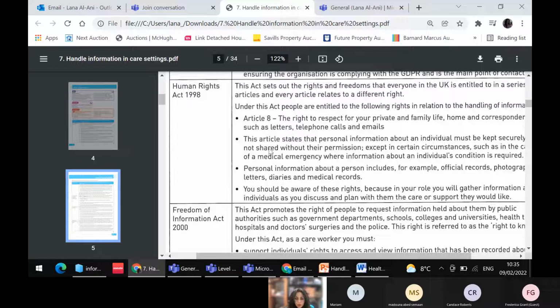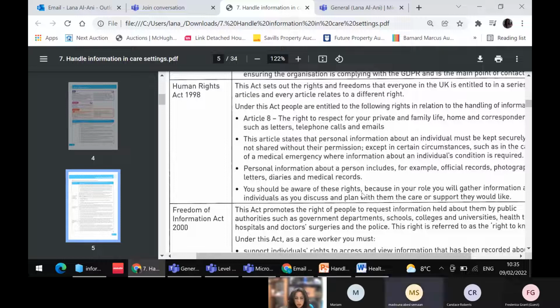And also you put that personal information should always be kept securely. And you put as well that personal information about the person could be anything, his letters, his diary, his medical records, everything considered as personal information.